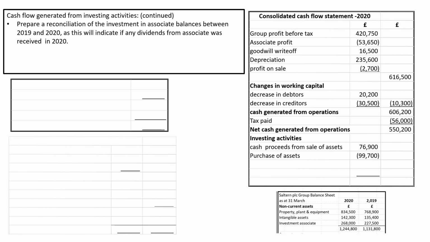So we have to prepare a reconciliation of the investment in associate balances between 2019 and 2020, as this will indicate if any dividends from associate was received in 2020.